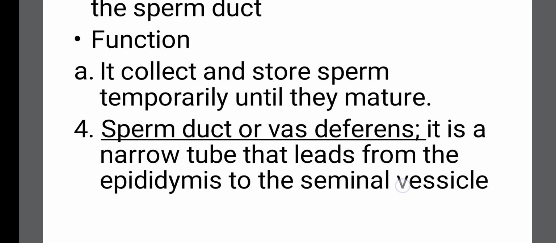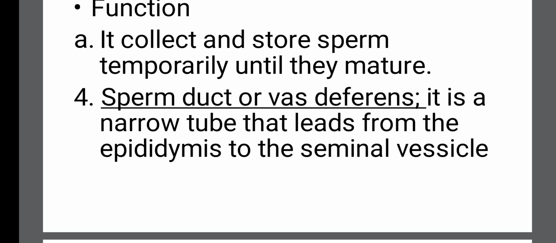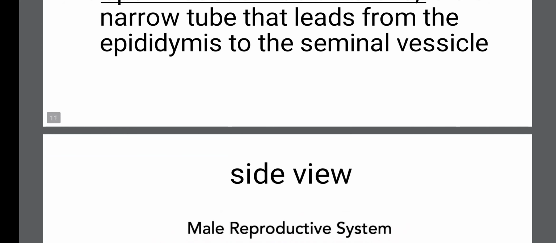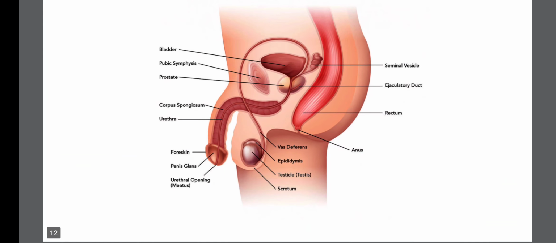The function of the epididymis is that it collects and stores sperm temporarily until they mature. Number 4, sperm duct or vas deferens. It is a narrow tube that leads from the epididymis to the seminal vesicle.